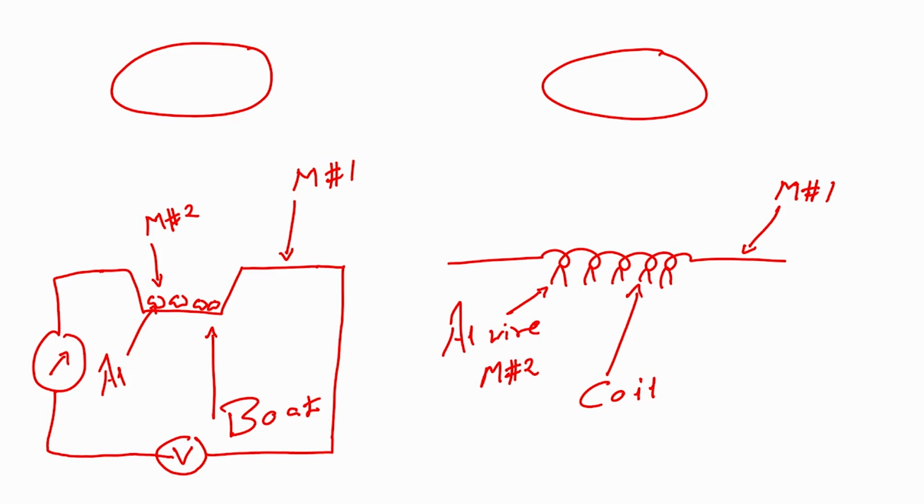Because of this extremely high current, the boat will start heating because of the I squared R effect, also called Joule heating, and the metal within the boat will start melting.